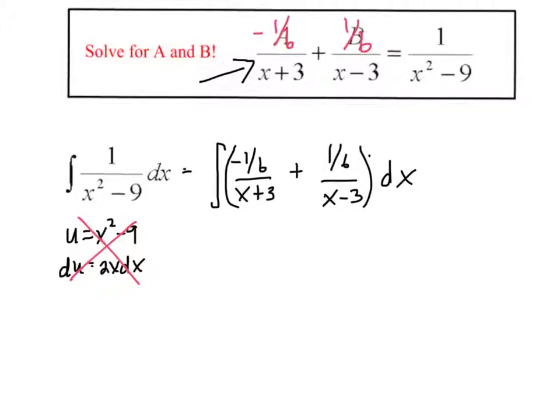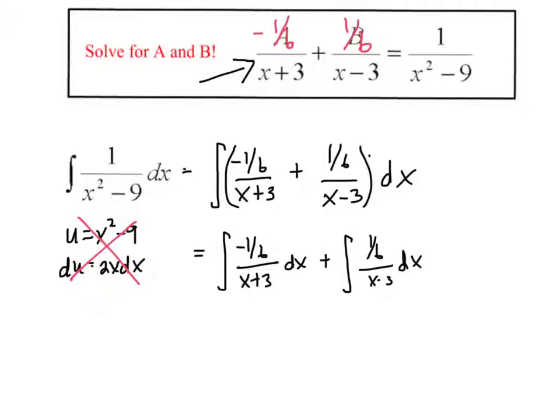Well, now I could go even further, making this look a little easier. I could integrate negative 1/6 over x plus 3 dx plus the integral of 1/6 over x minus 3 dx. I'm going to pull my constants out front, just leaving a 1 up top.